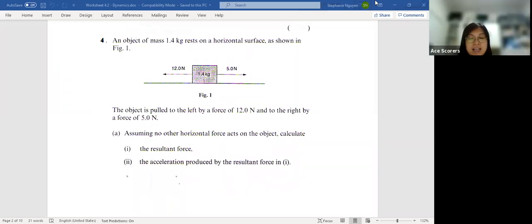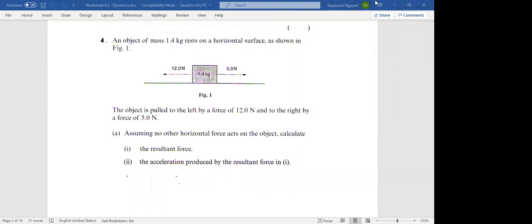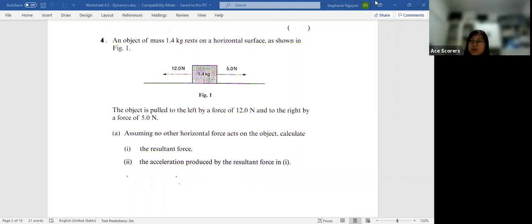So how is the acceleration? Did you find the acceleration? 1.4 times 7? No, wait. 1.4 divided by 7? You can use your F equals MA formula.